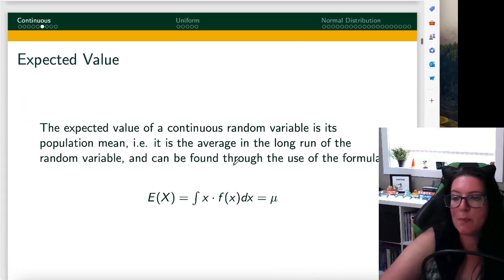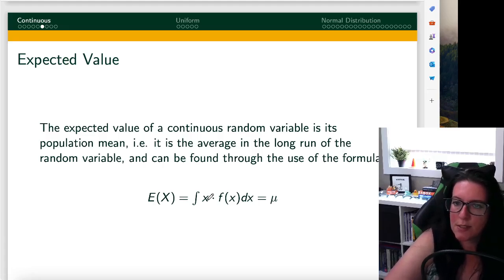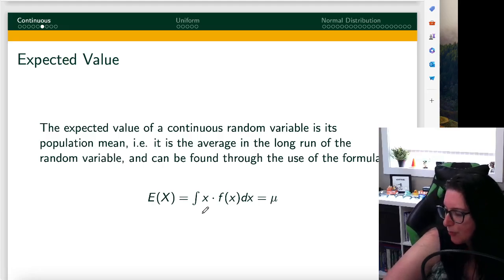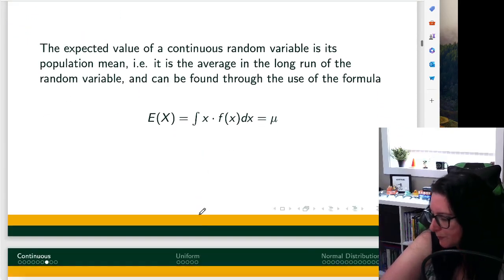When it comes to expected values of continuous distribution functions, the expected value of a continuous random variable is the population mean, the average in the long run of the random variable, and can be found through the use of this function here, finding mu.